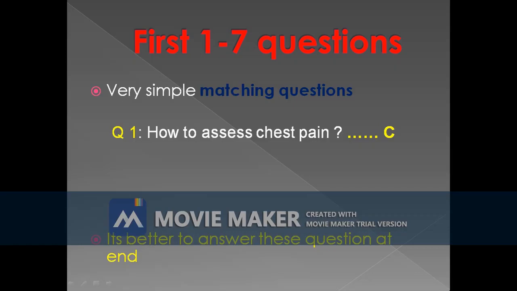Then you will read the text and you will answer C. That means in text C. They can ask about management of chest pain. Then you will see in the texts where the management is mentioned, and you will see definitely it is in text D. Then you will just write D. So these are the first 7 questions in reading part A.